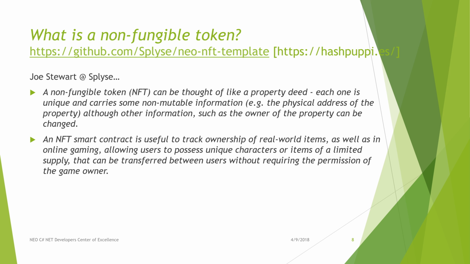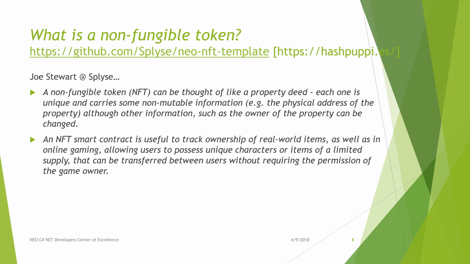And although there's other information, such as the owner of the property, there's certain immutable information that needs to be stored, essentially read-only fields that need to be stored as part of that token.